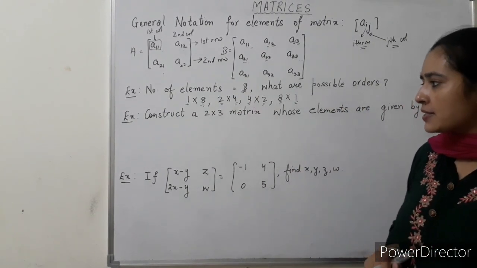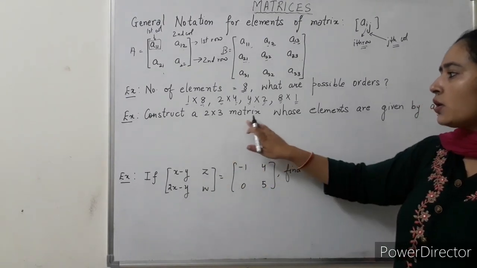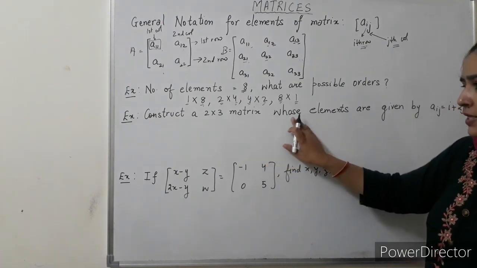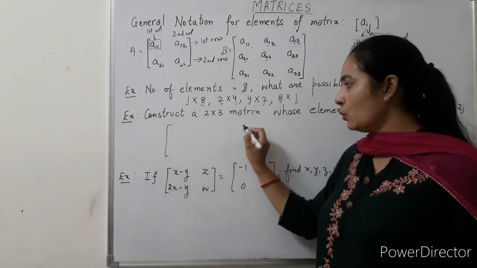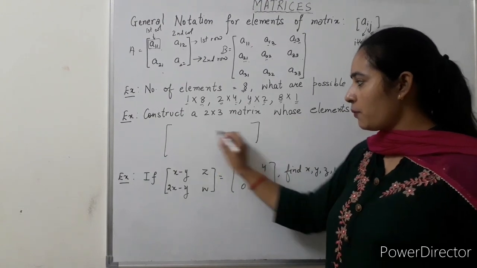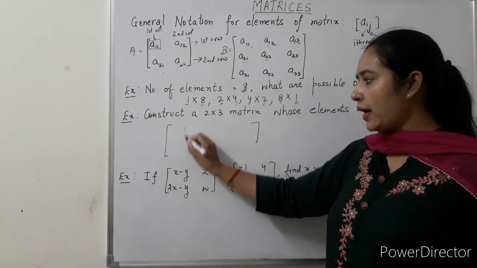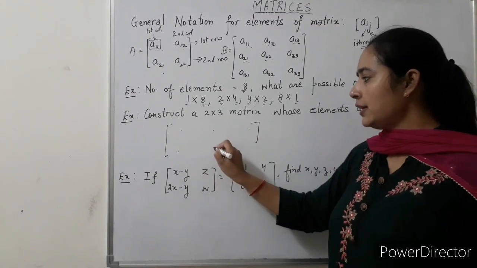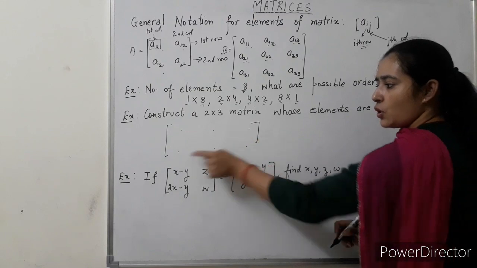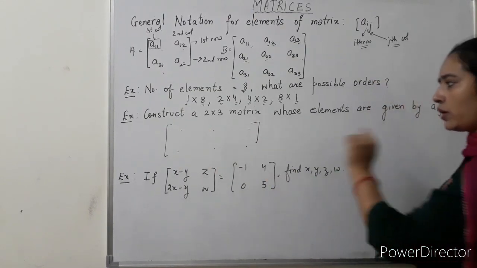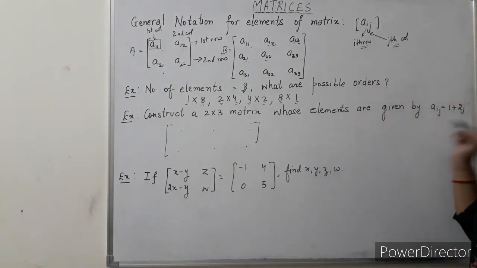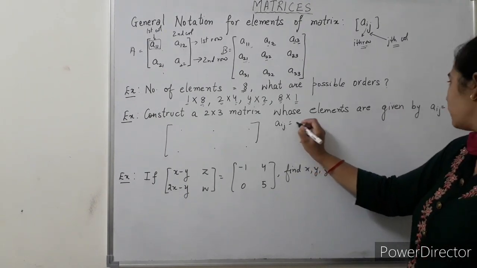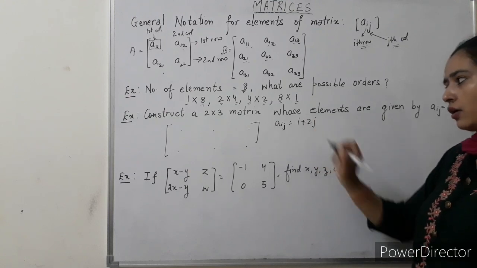Now next example is construct a 2 by 3 matrix. We have to construct a 2 by 3 matrix. That means number of rows should be 2 and number of columns should be 3. So here you have to fill the elements, rows 2 and columns 3, whose elements are given by Aij is equal to i plus 2j.